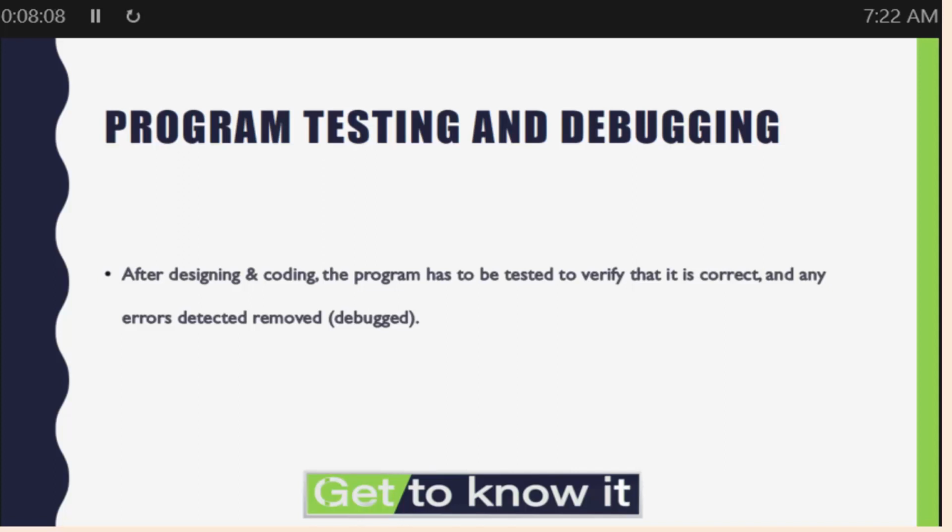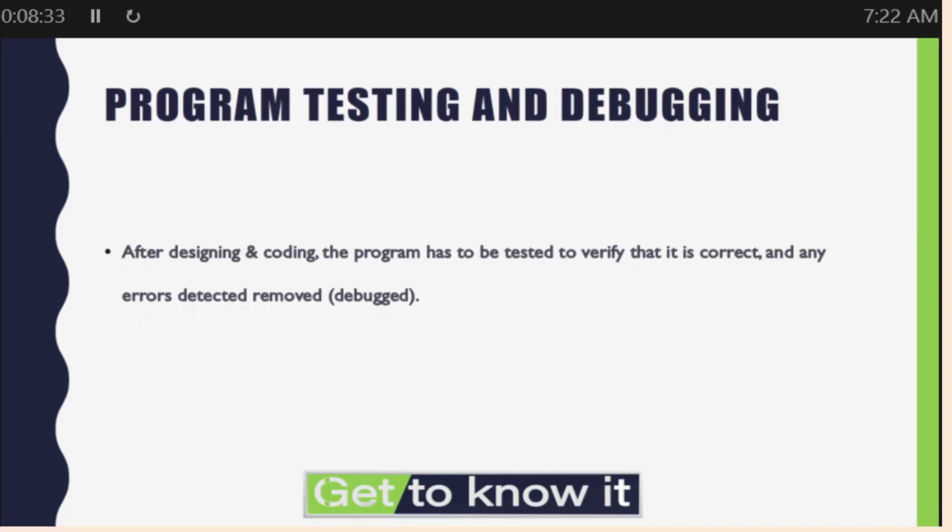So that's why we have this stage of testing and debugging that is meant to help the user to use all the mechanisms available to detect the errors in a program and to remove them. We usually call that process of detecting and removing errors debugging.